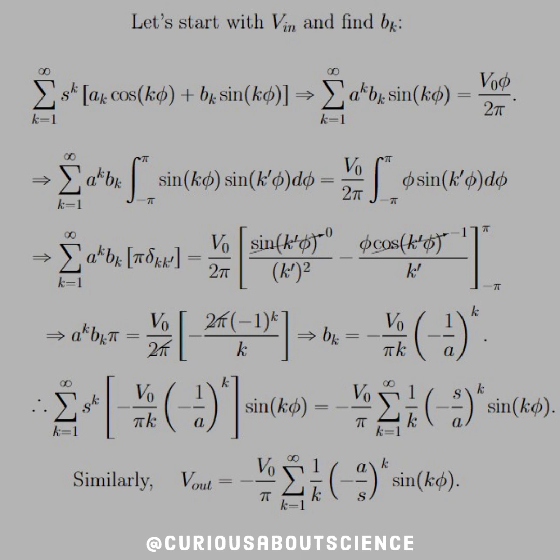If we want to start with the V in term, let's go ahead and apply these modifications. What we see is that at s equal to a, we have a^k, right, instead of s^k, not to be confused with the a sub k for cosine. Then again, we got rid of the cosine, so this goes to b_k sine, and we set it equal to V0 phi over 2 pi.